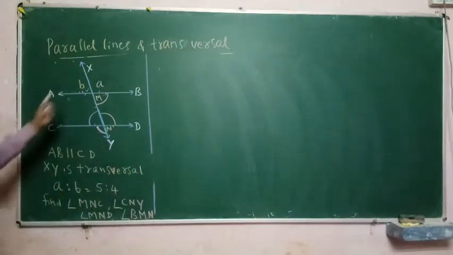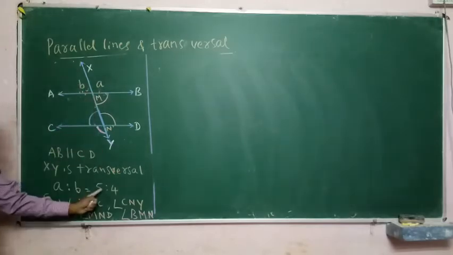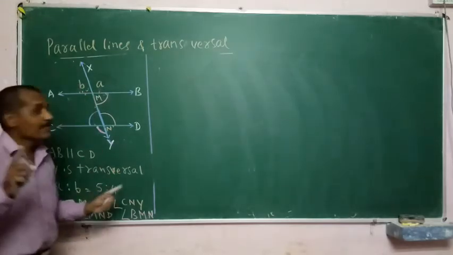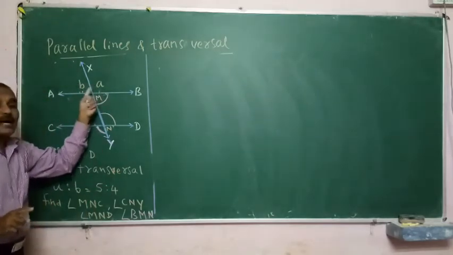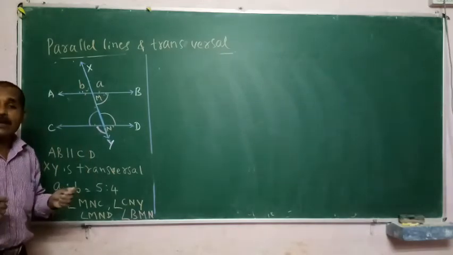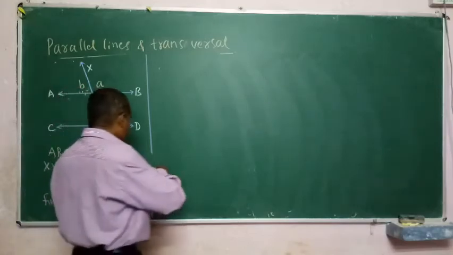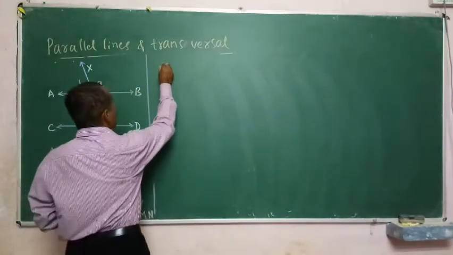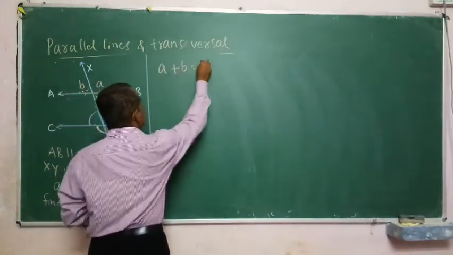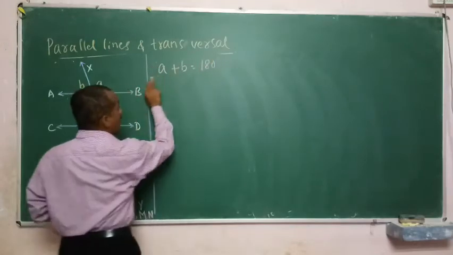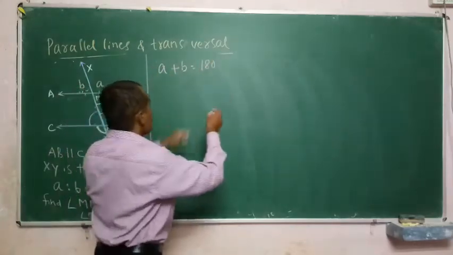How to start? These two angles' ratio is given, 5:4. My dear children, what type of angles are these two? They are called a linear pair of angles, and their sum is always 180. That is the linear pair axiom. A plus B is equal to 180 degrees, and not angle A, angle B. No. A plus B is equal to 180.